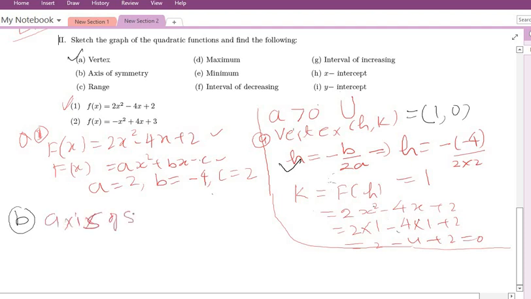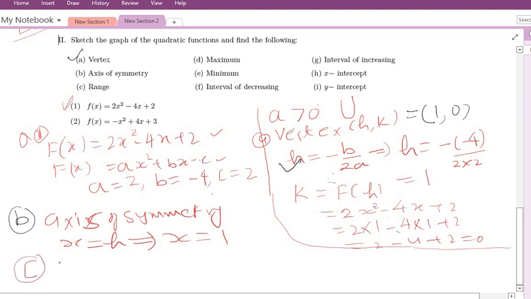Axis of symmetry is x equal to h, that means x equal to 1. This is the answer of B.